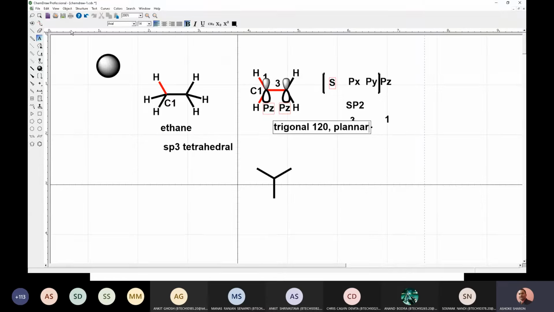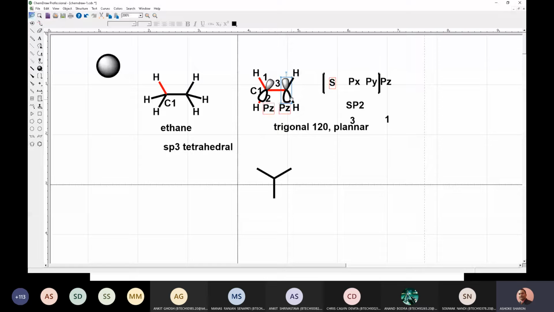Now, the second thing: when you have this kind of structure, what happens is there is partial overlap between these two orbitals. When this orbital overlaps like this, and this overlaps these two, then a partial bond forms here, and below also a bond forms.